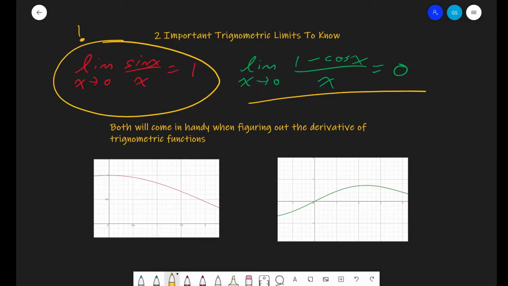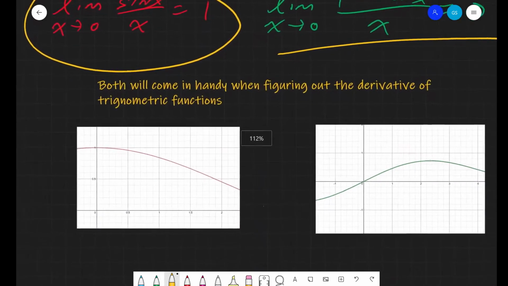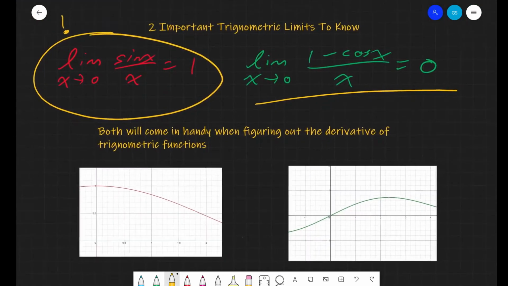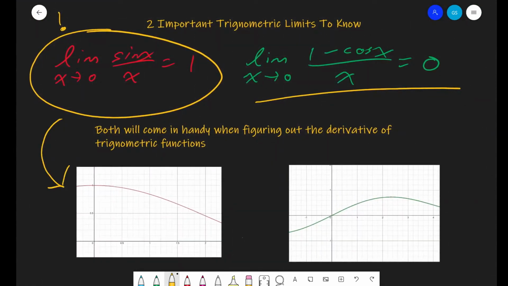Intuitively, if we look at the graphs, I'm going to briefly talk about both. Here we have the graph of sine x over x, and here we have the graph of 1 minus cos x over x. As x approaches 0, there's a hole here, so it's undefined, but as it gets infinitely closer, sine x over x basically becomes 1.